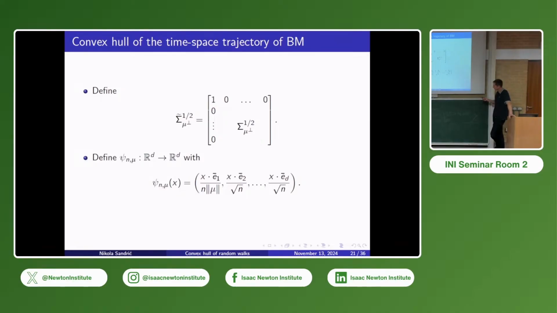So we have rotation and we have scaling. So observe now, this is strong law of large numbers scaling. This is in the direction of the drift. And the rest is CLT scaling. Okay, so it's this Brownian scaling because we have finite second moment.